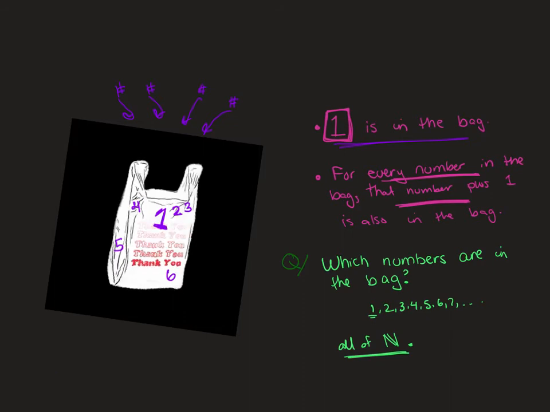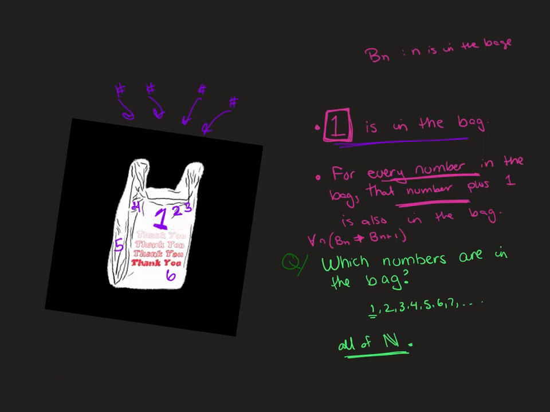So before we move on, I want to see if we can just rewrite this second fact here as an if-then. Right now it says for every n, if the statement is true, so let's say B sub n means n is in the bag, that means that B sub n plus 1 is in the bag.